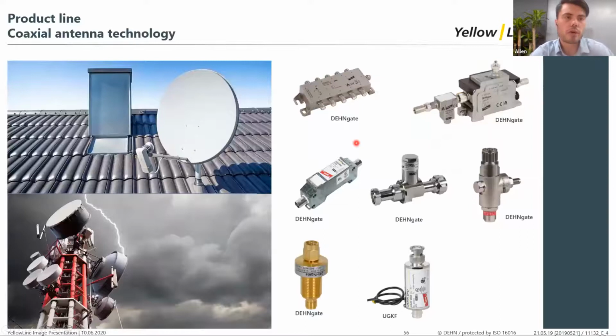The same goes for your coaxial antenna technology. We have surge protection devices protecting these systems as well. You have your DEHN gate, which can be used to protect your coaxial systems and your antennas. There are different modules and types of SPDs based on the protection that you need.